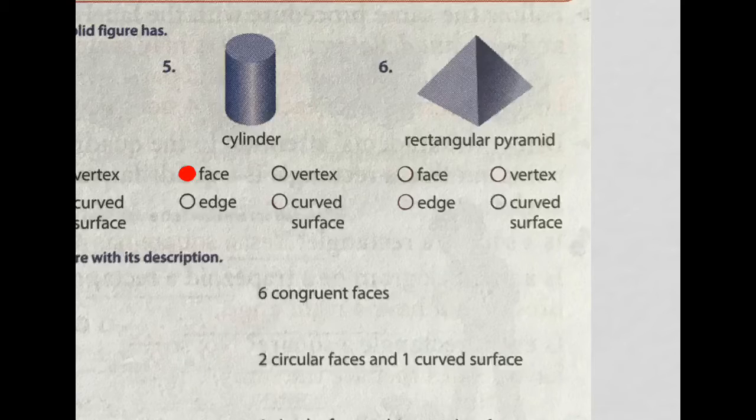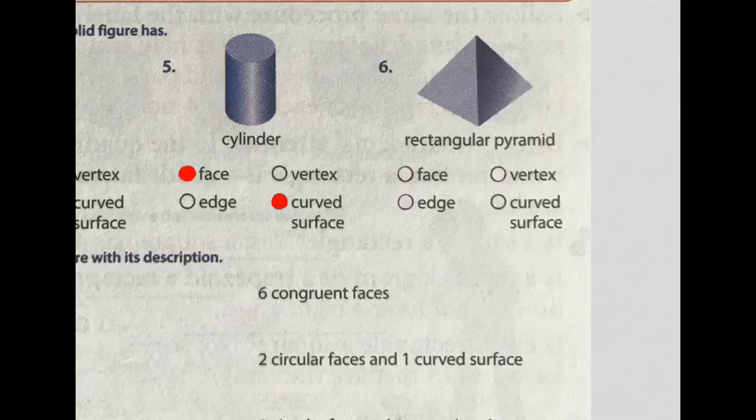No. Because even though this is curved, it's not another face connecting with this face, so it doesn't count as an edge. Okay, so no edge for the cylinder. Does it have a vertex? Like a corner anywhere? No. But it does have a curved surface.